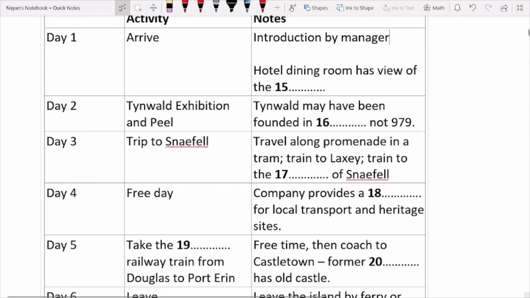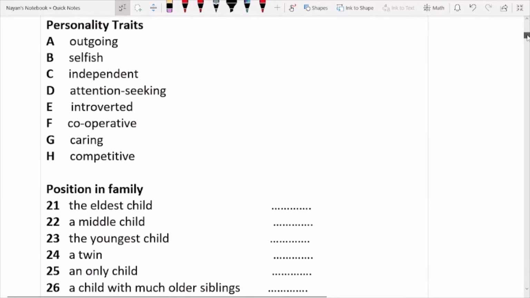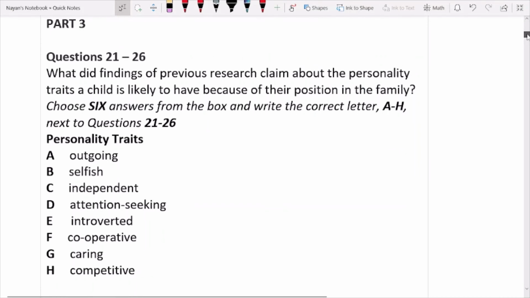You will hear 2 psychology students discussing the effects of the order in which the children in a family are born. First, you have some time to look at questions 21 to 26.